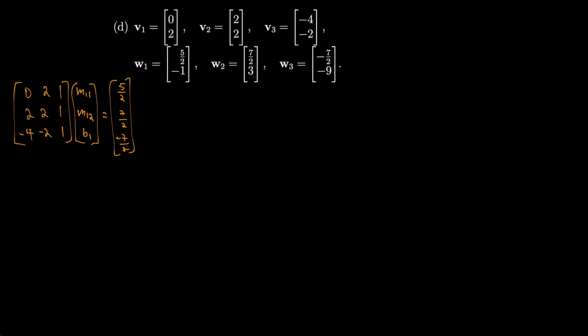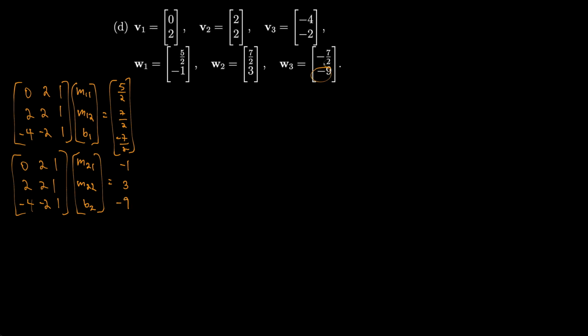And then our second matrix, 0, 2, 1, 2, 2, 1, minus 4, minus 2, 1, same as that, but multiplied by M21, M22, B2, and set equal to minus 1, 3, minus 9. Almost lost my negative.